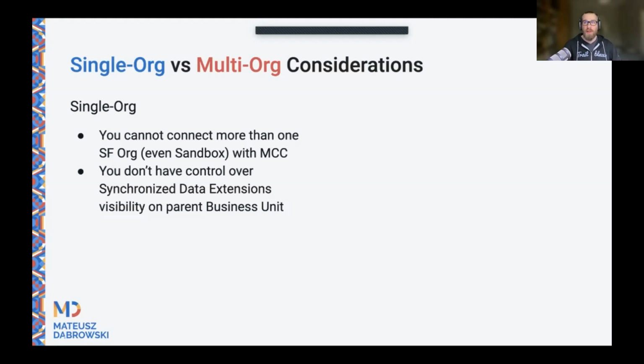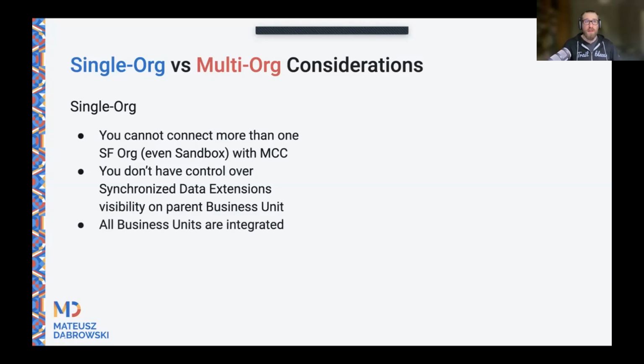And this is important, and one of the reasons why, going back to the business units, I recommend having the parent as the administrative business unit, because then you don't have to worry about this limitation, because it will be visible on the administrative one, and you will have control whether children see it or not.